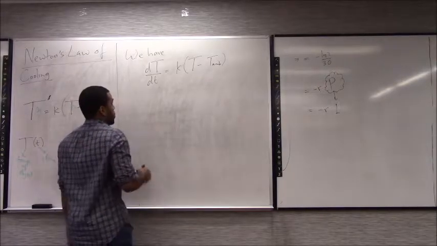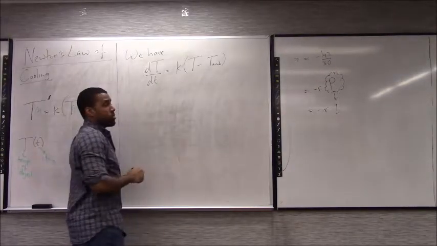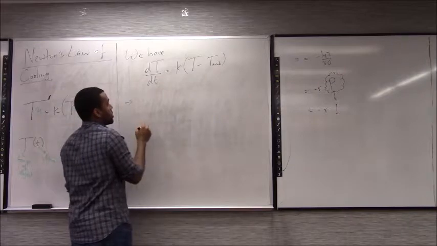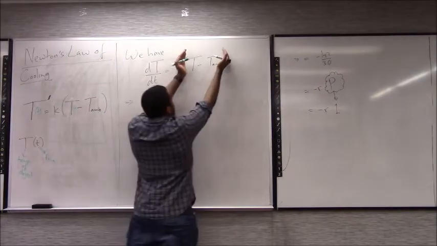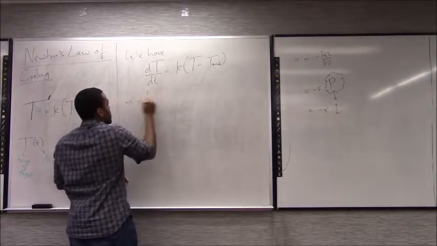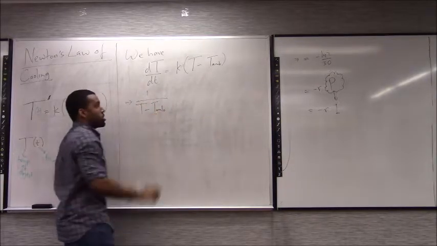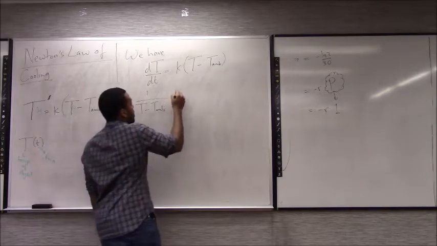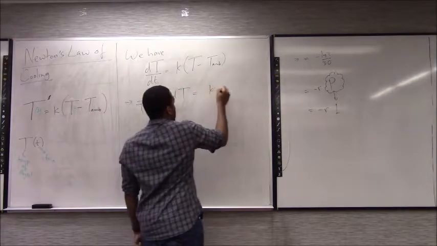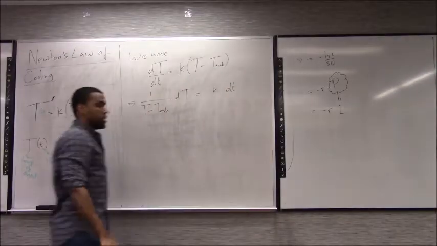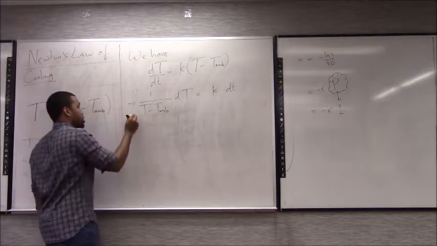And so what we can do is separate the big T's from the little t's. This is why it's called separation of variables. I can take this entire thing and divide by it, which means my object is different from the surrounding temperature. And I can move the dt to the other side. Remember, k is a constant. At this point, I can integrate both sides.